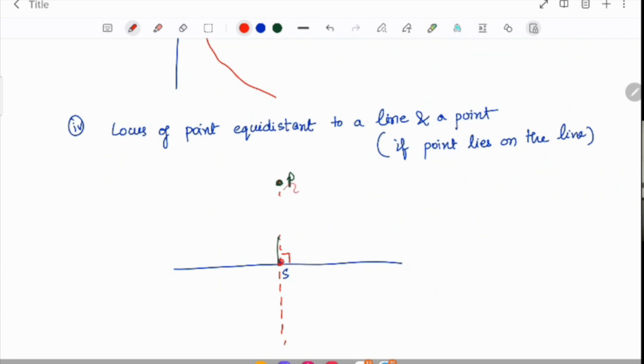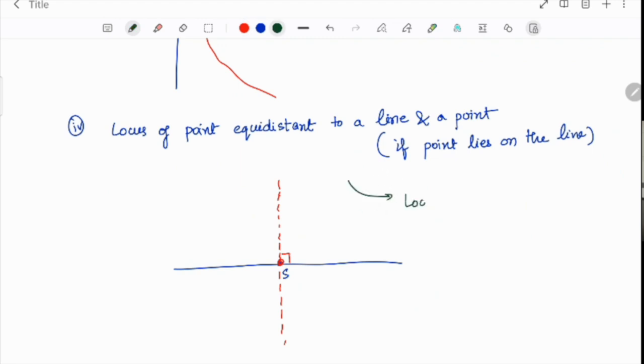So if I collect all the points such that P to S distance and P to line distance are the same, what is the locus I am getting? Your locus is the line perpendicular to the given line and passing through the given point.